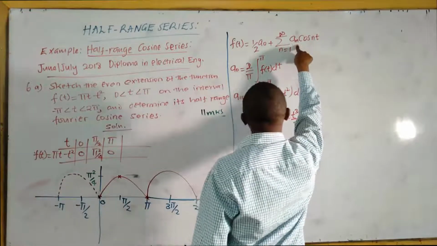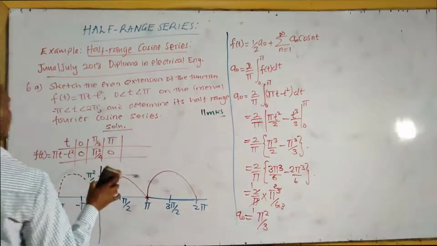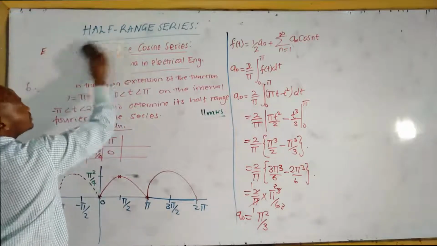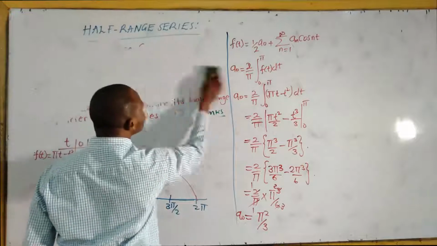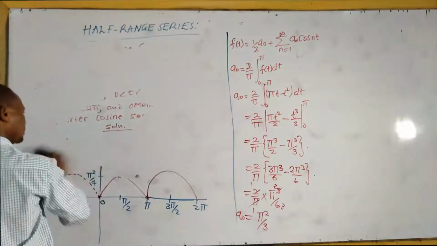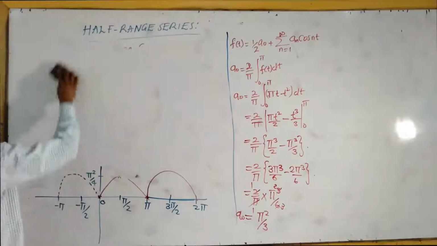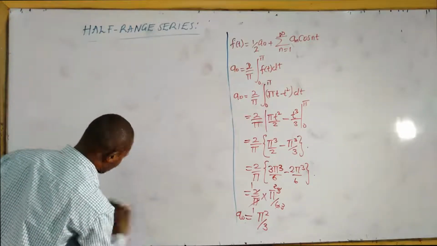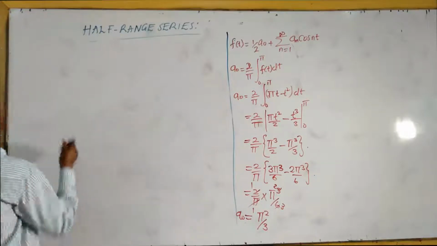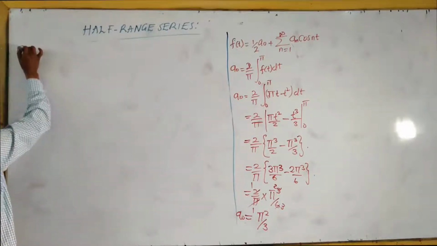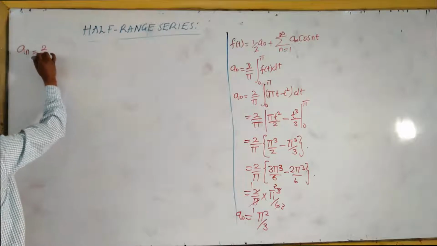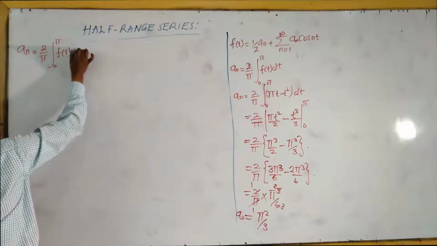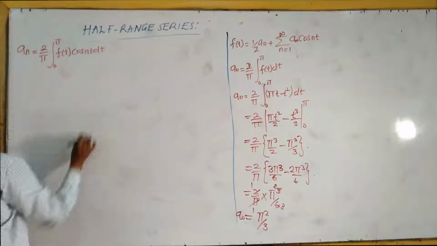Now we can get an. Let us remove this because we don't have space. So now we need to get an. an is equal to 2 over pi, the integral from 0 to pi of f(t) cos nt, and integrate with respect to t.